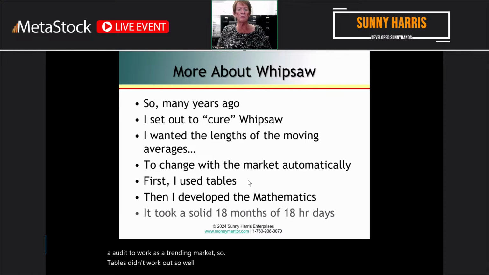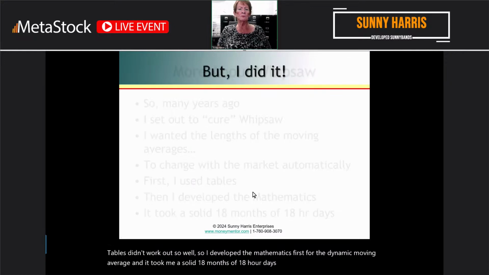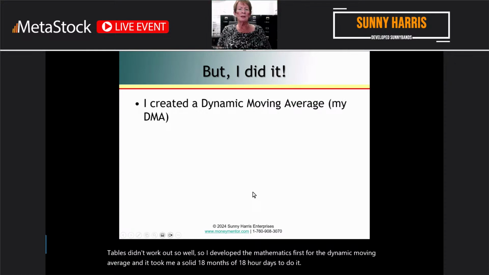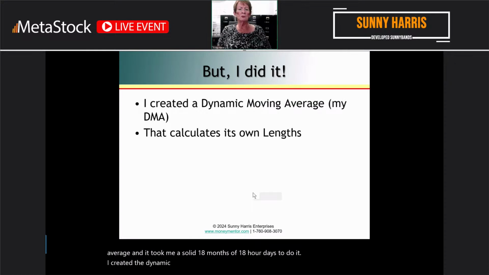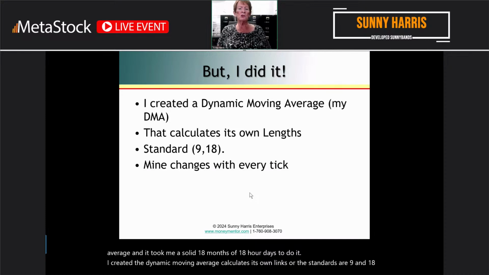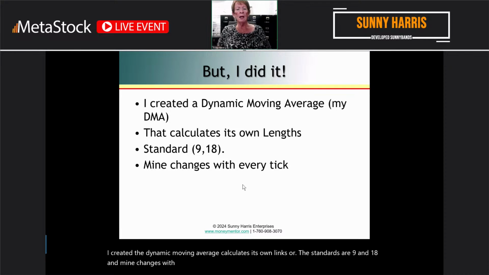So I developed the mathematics for the dynamic moving average, and it took me a solid 18 months of 18-hour days to do it. I created the dynamic moving average, which calculates its own lengths. The standards are 9 and 18, and mine changes with every check of the market. So I never know what the input values are.